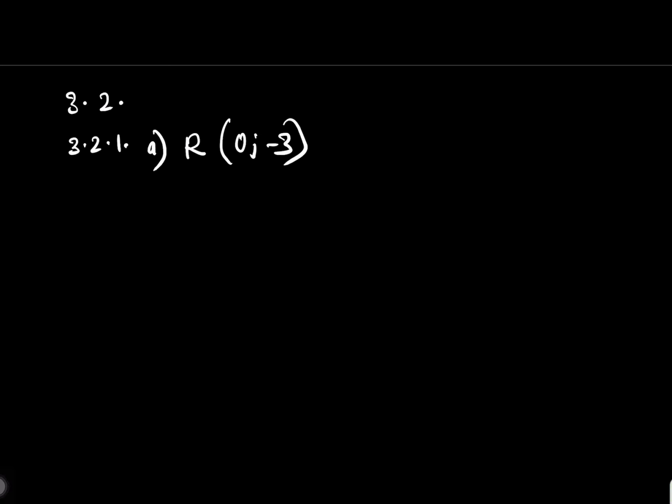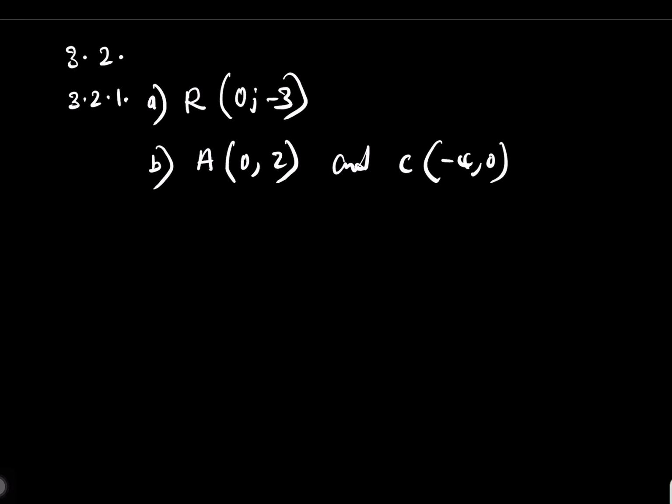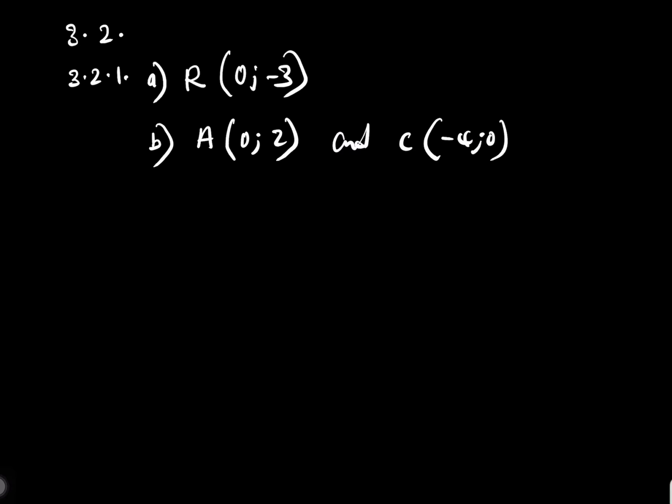Now the B part of it, you want to find the coordinates of M, but you are given the A values, that is 0 and 2, and the coordinates of C, that is -4 and 0. We want to calculate the midpoint of AC, that is M.